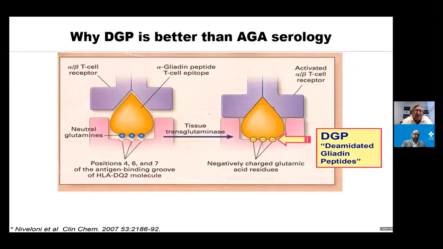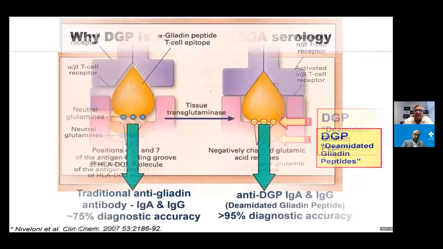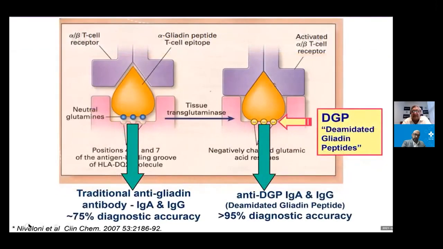In gliadin, there were neutral glutamines which did not fit into the position on HLA-DQ2, while once the amide is removed, then negatively charged glutamine will fit very well into DQ2 and will then be recognized as more sensitive and specific. As you find here, it becomes 95% diagnostic accuracy by using DGP rather than gliadin.